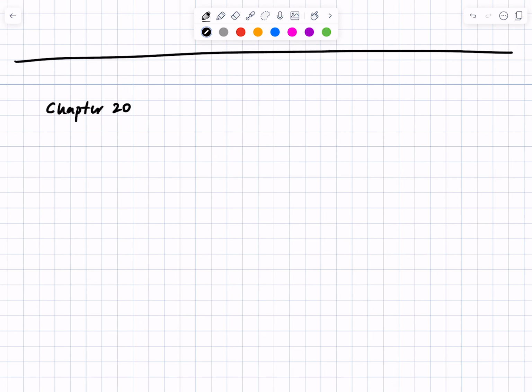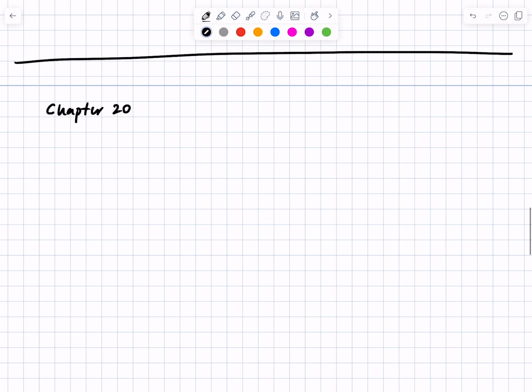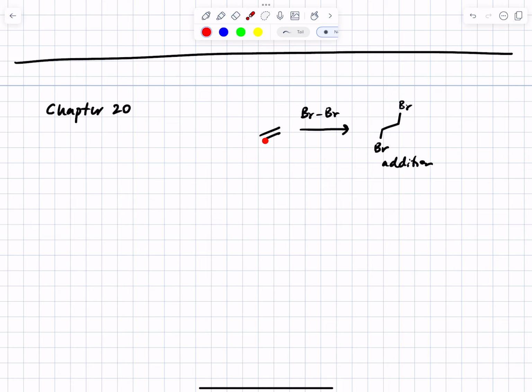So, for example, in 351, you learned that alkenes, in the presence of electrophiles, do addition reactions. We're not going to go through this mechanism, right? But basically, when an alkene attacks an electrophile, you lose the carbon-carbon pi bond, and you lose a bond in the electrophile, and you get 2 new sigma bonds.